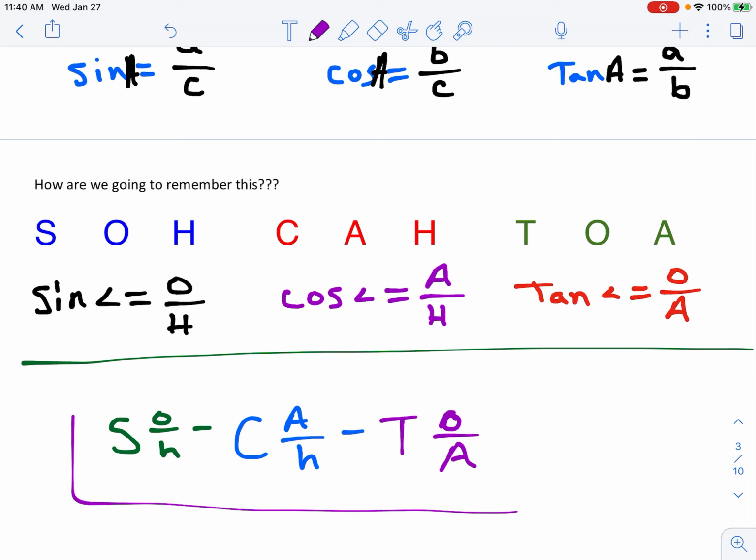All right, so another way you can remember it is SOH-CAH-TOA. SOH stands for sine, opposite over hypotenuse. CAH, cosine, adjacent over hypotenuse. And then the last one, tangent, opposite side over adjacent.